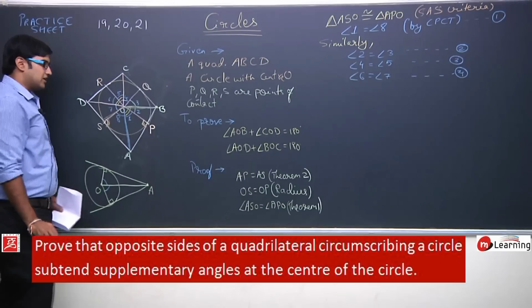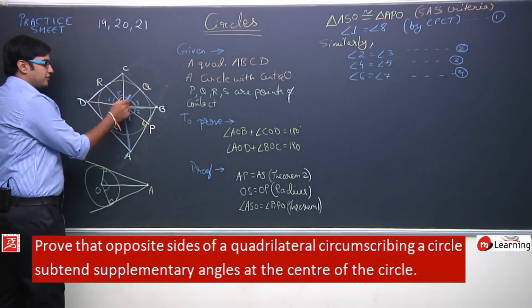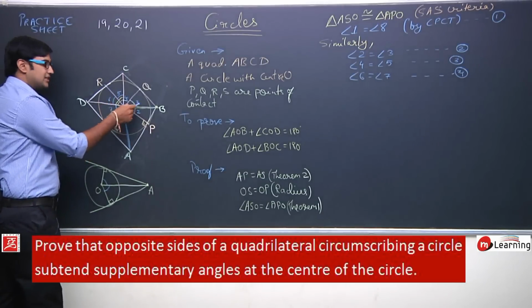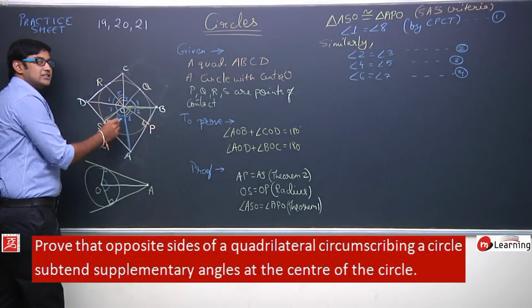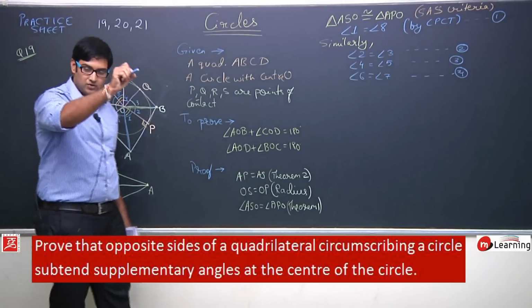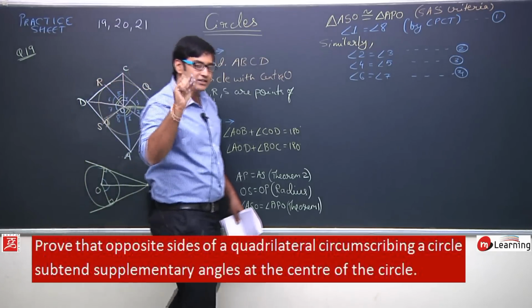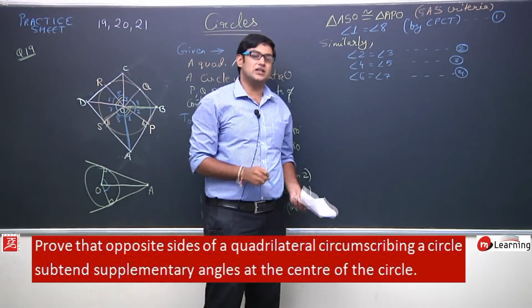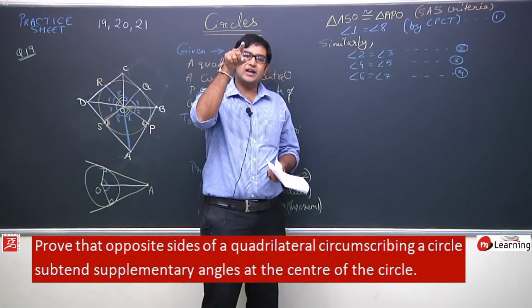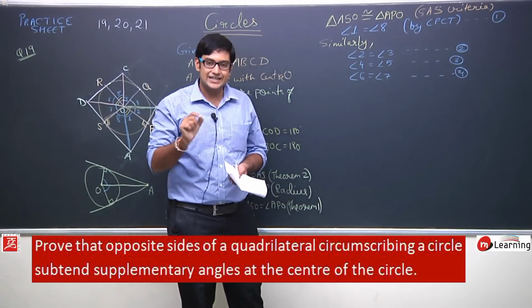Now consider angle 1, 2, 3, 4, 5, 6, 7, 8. You can see that these 8 angles constitute a circle. And what is the sum of angles that constitute a circle? The round the clock angle is total 360 degrees.